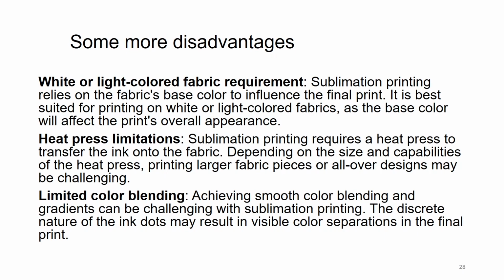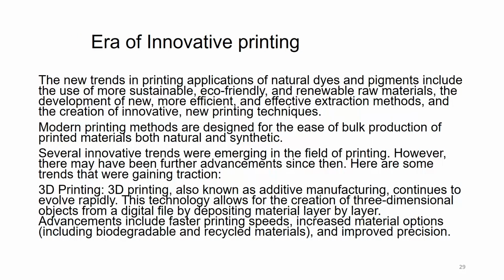So, if polyester printing has to be done, sublimation printing is the answer. Limited color blending. Achieving smooth color blending and gradient can be challenging with sublimation printing. The discrete nature of ink dots may result in visible color separation in the final print. So, it has its own limitation, but it has its advantages also.